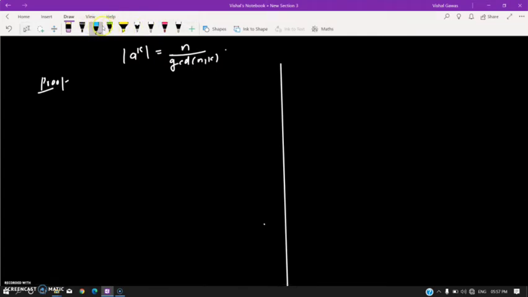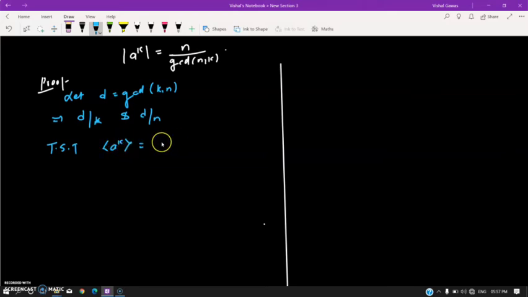The first part: let d be equal to gcd of k and n. This would imply that d divides k as well as d divides n. What I want to show is that the subgroup generated by a raised to k is the same as the subgroup generated by a raised to d.